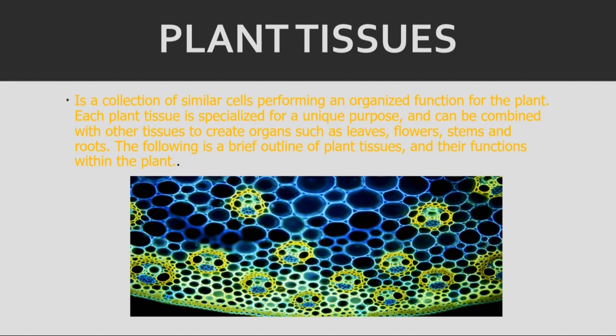So plant tissue is a collection of similar cells performing an organized function for the plant. Each and every plant tissue present inside the plant is specialized for a specified and unique purpose, and it can be combined with other tissues to create organs such as the parts of the plants like leaves, flowers, stems, and roots.